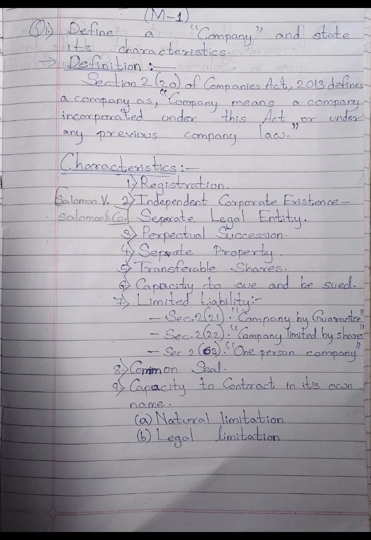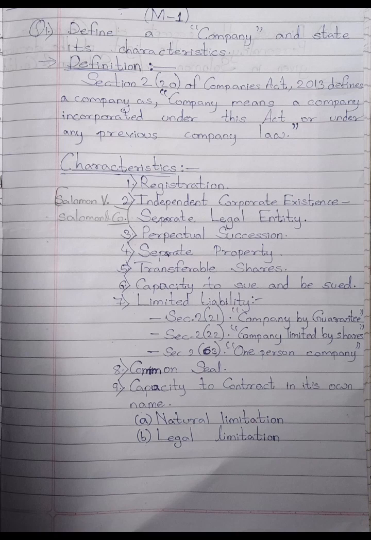Next, according to Section 2, Subsection 22, company limited by shares means a company having the liability of its members limited by the memorandum to the amount, if any, unpaid on the shares respectively held by them. According to Section 2, Subsection 62, one person company means a company which has only one person as a member.